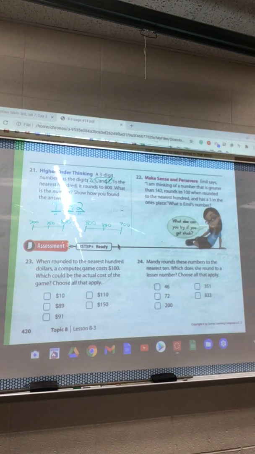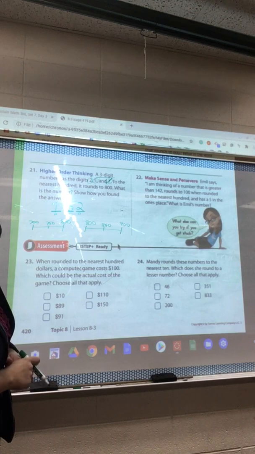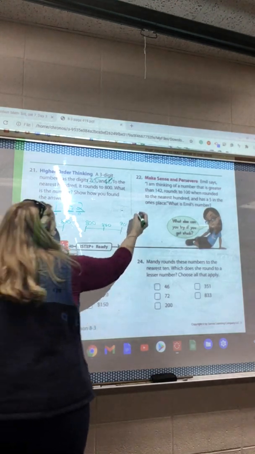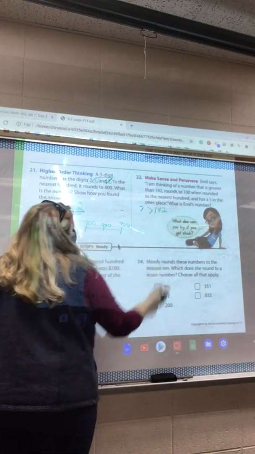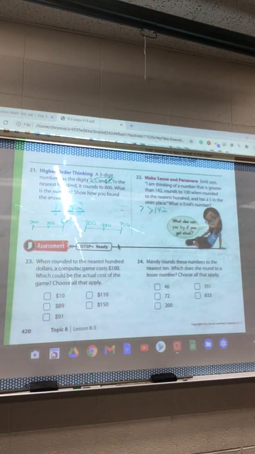Okay, number 22 says, Emil says, I'm thinking of a number that is greater than 142, rounds to 100 when rounded to the nearest 100, and has a 5 in the ones place.